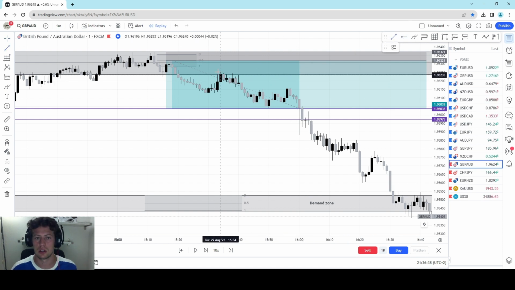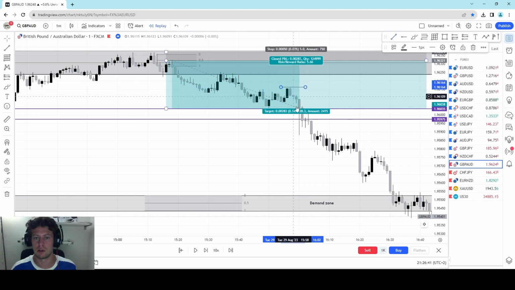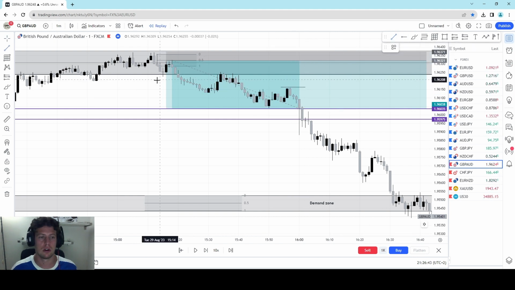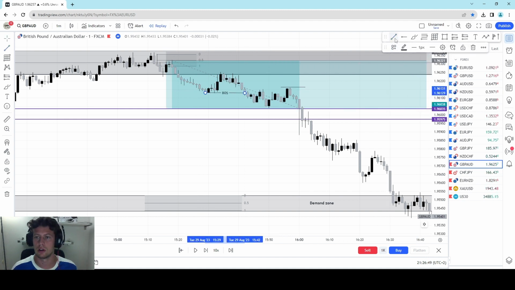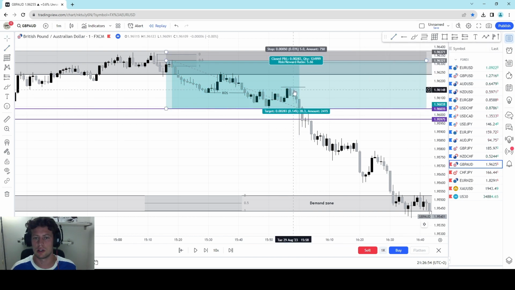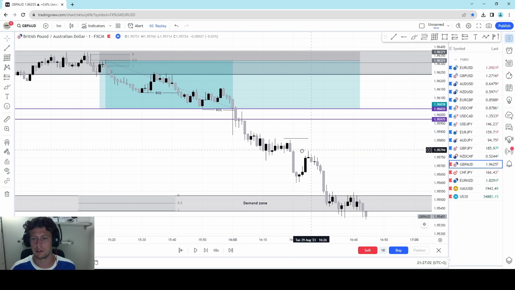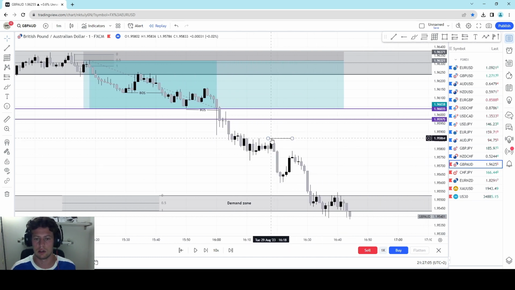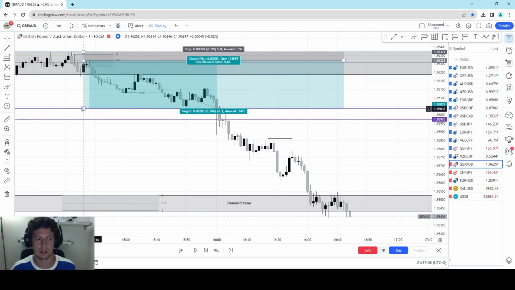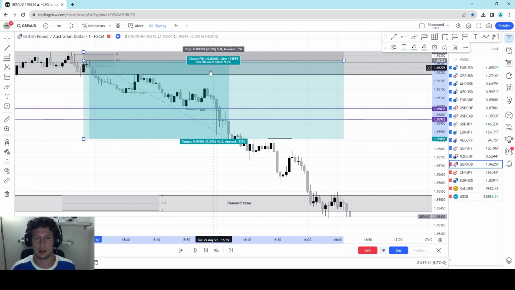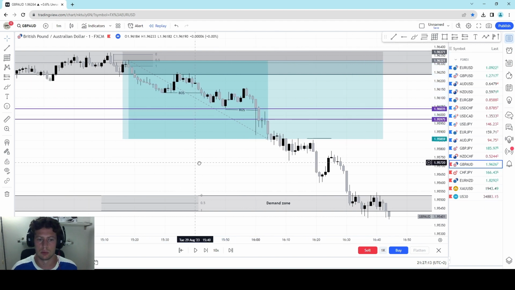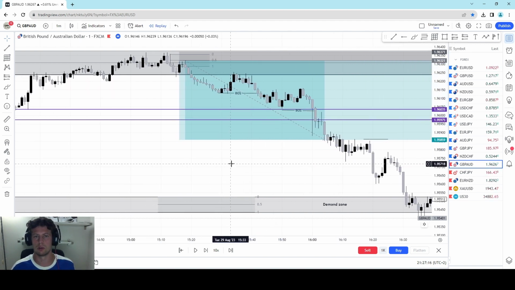I would just put the stop loss above this, because here you have a break of structure, here you have another break of structure, and above all these highs I would place the stop loss. So above here I would place it, above here, and if it goes against me, never mind. If it turns against me like this or here, I have 9%. It's almost 10, so I wouldn't be mad.